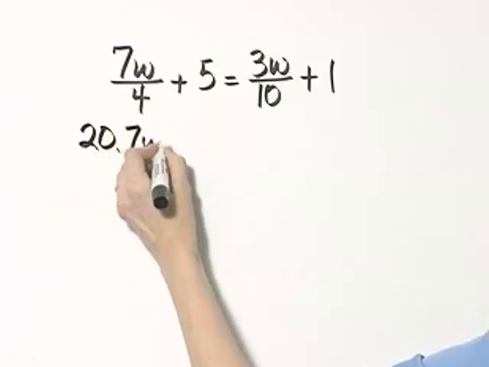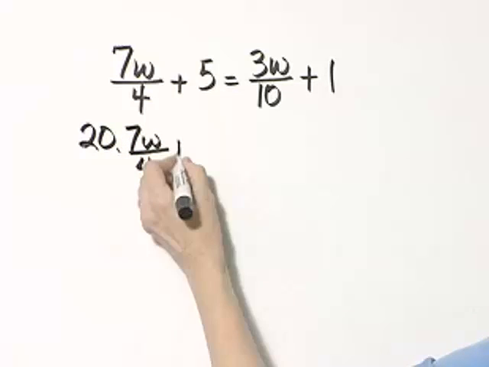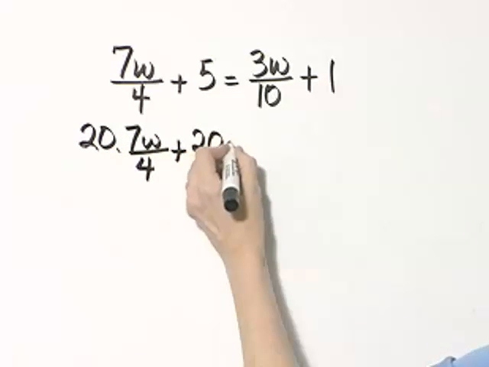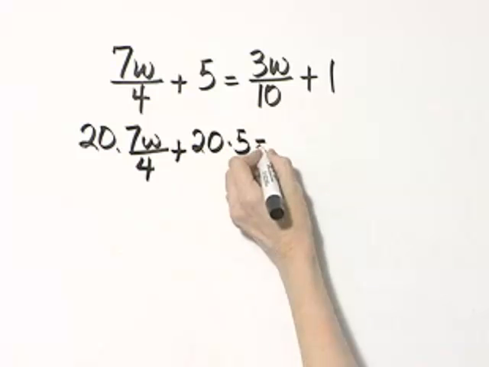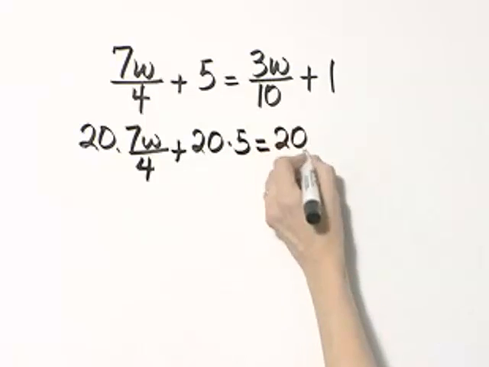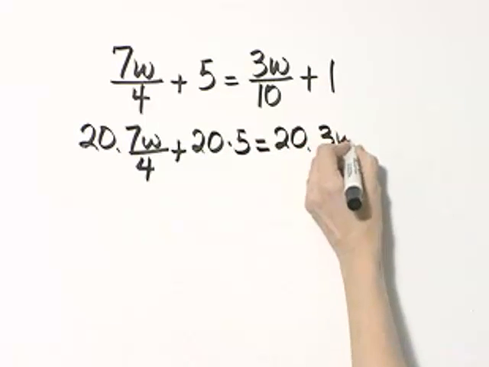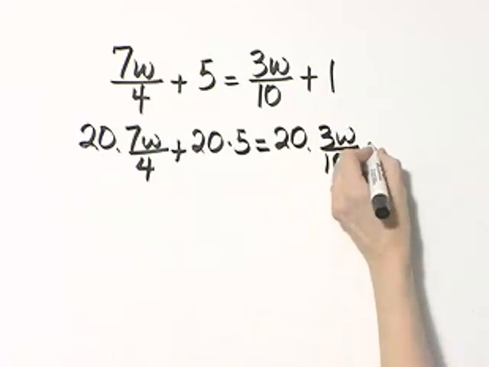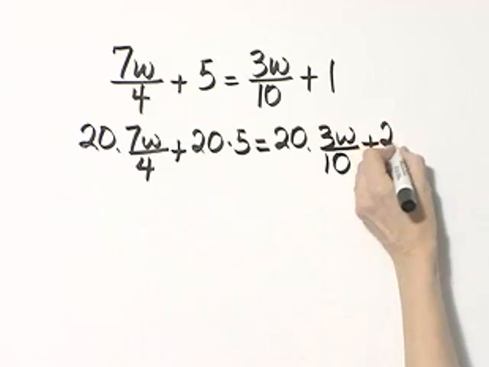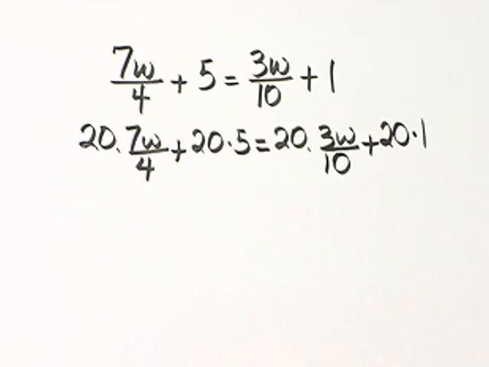times 7w over 4 plus 20 times 5 is equal to 20 times 3w over 10 plus, do not forget, 20 times 1.